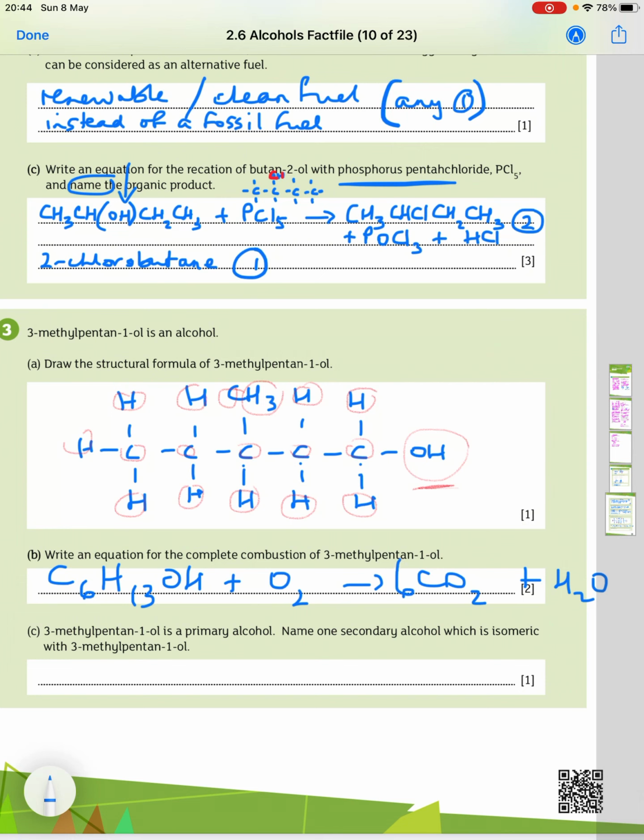So it's going to be 6 CO2, and then I have a total of 14 hydrogens here, so 7 water, and on the right hand side then I have 6 times 2 is 12, and 7 is, do the maths, 19 oxygens. So I've already got 1 in here, so that would take me down to 18, so I'm going to need 9 O2 to balance it.